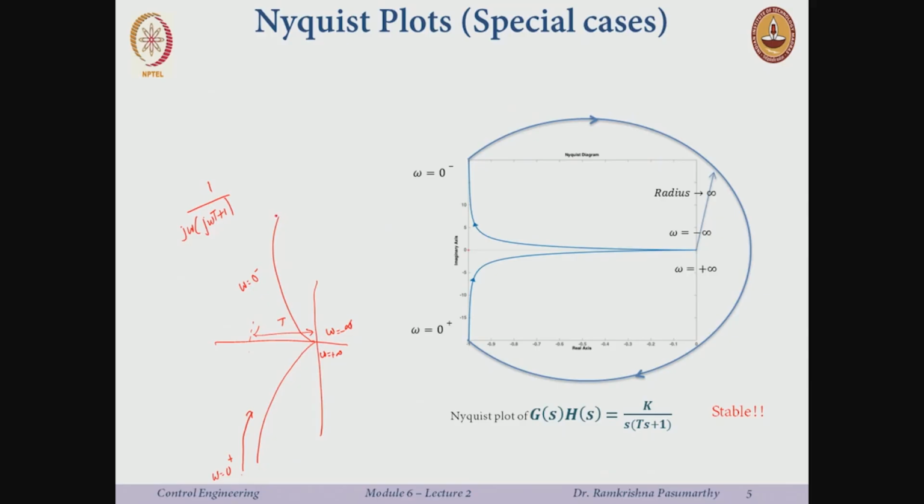I go from omega equal to 0 plus to omega equal to 0 minus, and then I have to complete this, and this will be the region of infinite radius.